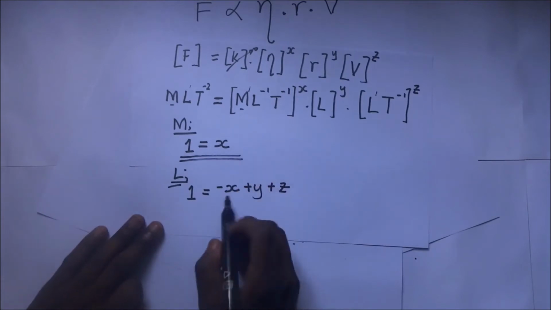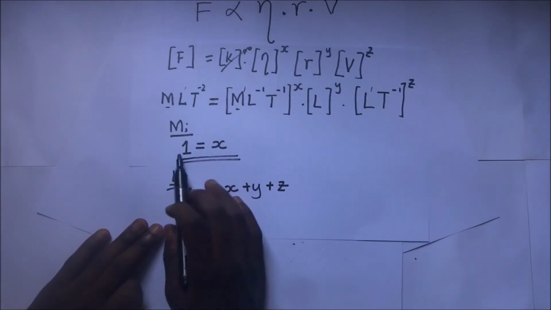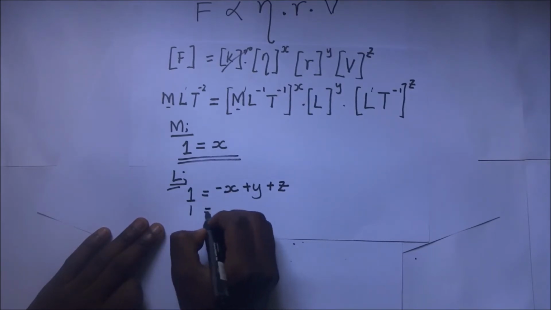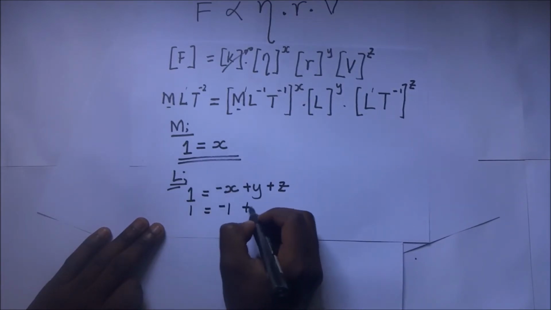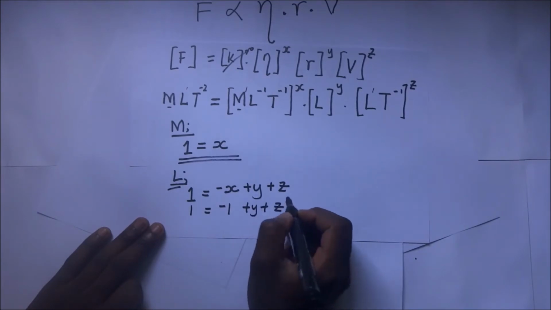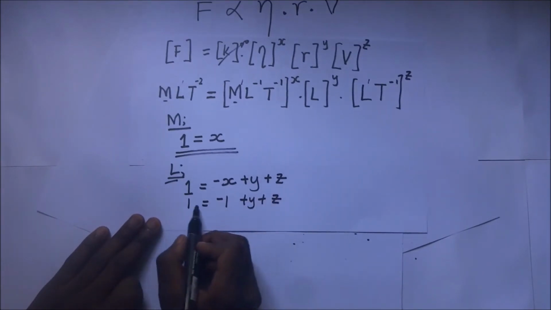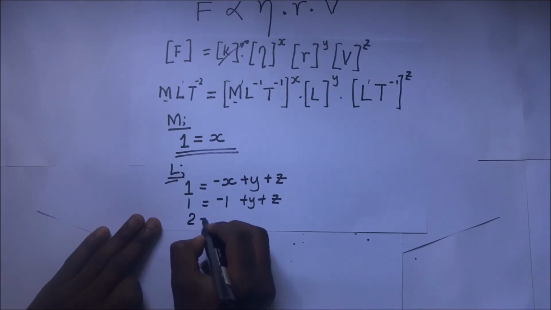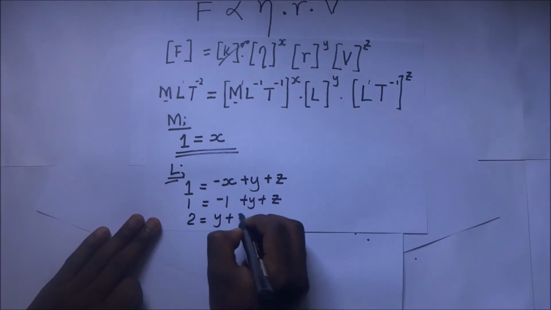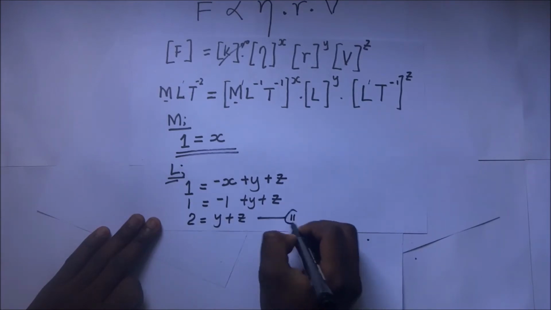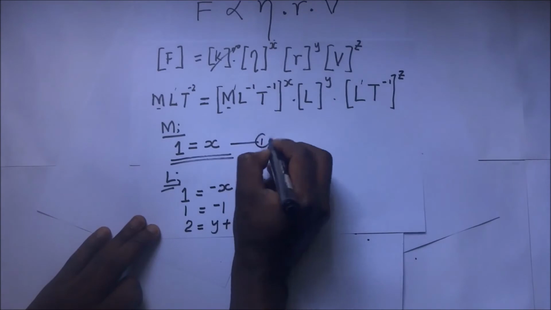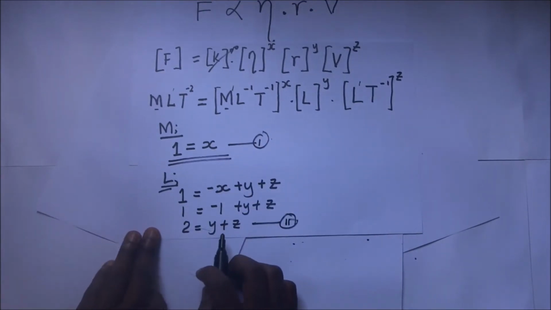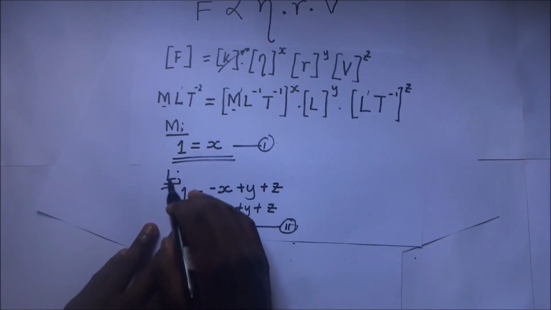Now in our first expression we already got x as 1. So if we substitute 1 here, 1 is equal to -1 plus y plus z. Then 2 is equal to y plus z. This is our second expression. This was our first expression. So that is what we come up with for L: y plus z is equal to 2.